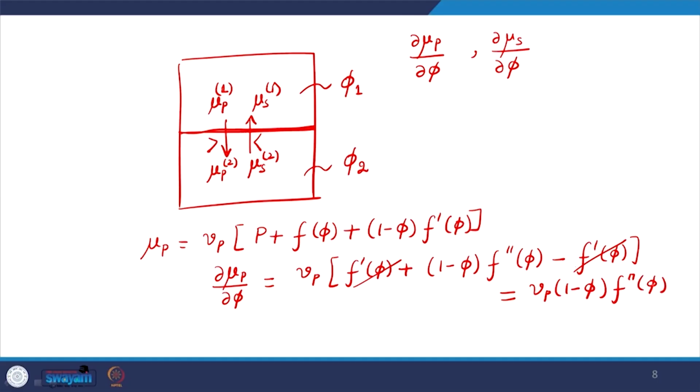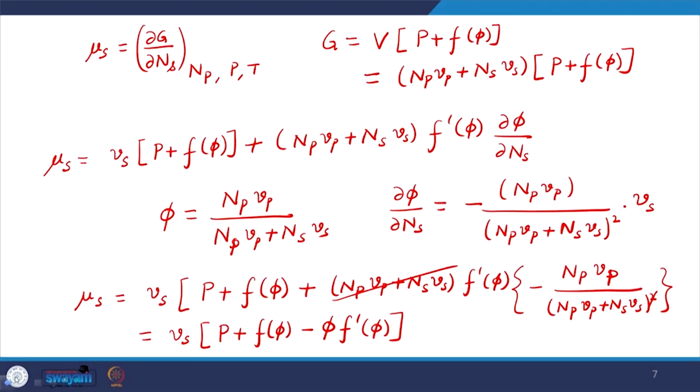On the other hand, mu s we have obtained as Vs multiplied with P plus F phi minus phi F prime of phi as we had obtained previously.